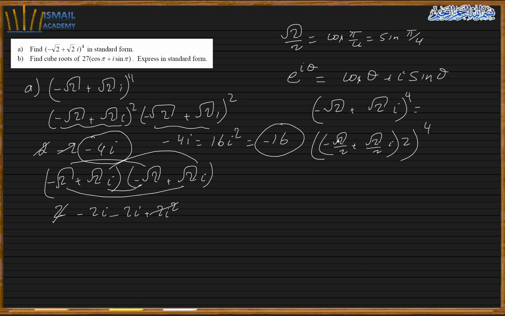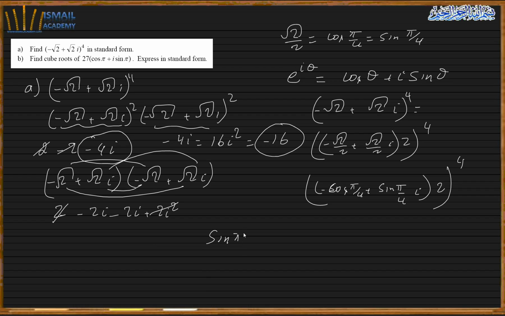But I will change this one to cosine, and this is sine. So it's going to be minus cosine of pi over 4 plus sine pi over 4, this is i, times 2, and the whole thing to the power 4. So this one is the same thing as if I have 3 pi over 4, because 3 pi over 4 gives me the minus cosine, and sine will be the same thing as sine pi over 4.